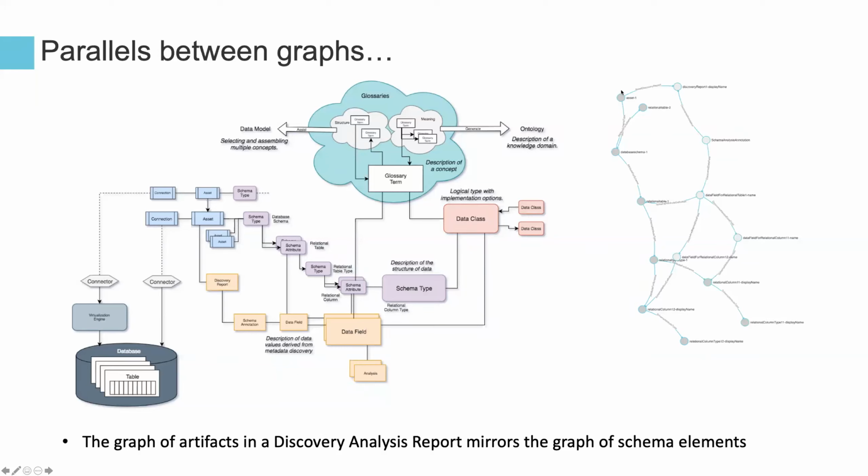So the asset has a discovery report, and that has schema analysis annotations and data fields for the relational table, the relational columns, etc. So you kind of see how the graphs parallel one another. And we can do queries across both the discovery report and the schema information.